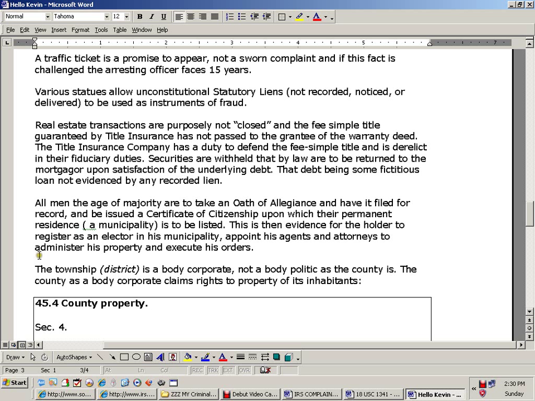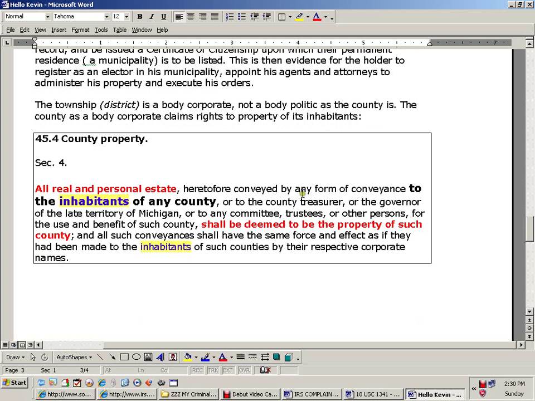The township or the district is a body corporate, not a body politic, as the county is. The county as a body corporate claims to property. You can see I did this in a hurry. Body corporate claims rights to property of its inhabitants.